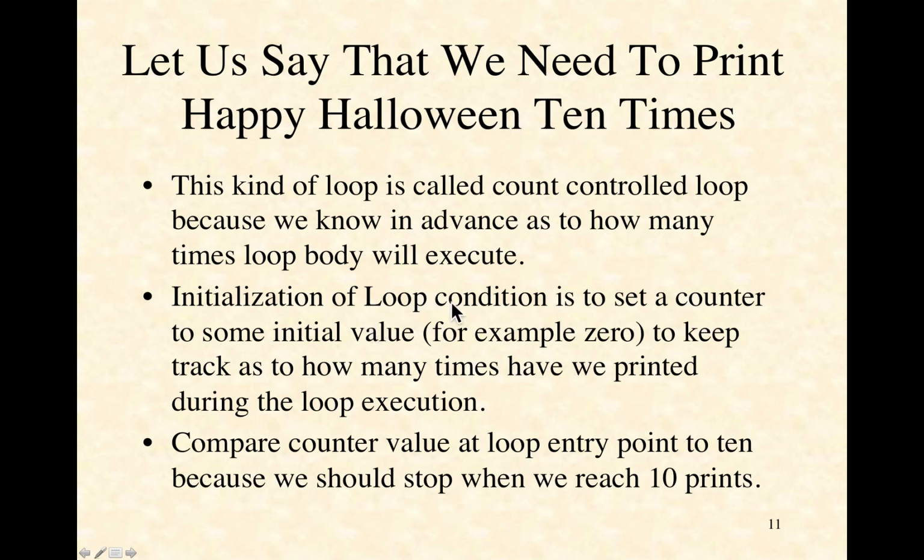So initialization of the loop condition is to set a counter to some initial value, for example 0, and that'll keep track of how many times we have printed during the loop execution. And then compare the counter value at the loop entry point with 10 because we should stop when we reach 10 prints.